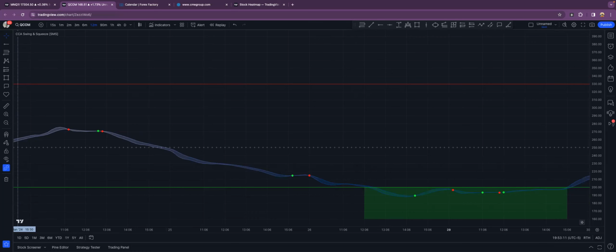Because that means it's oversold. And it will happen automatically. I don't have to change any settings. It will do it automatically. It's an automatic feature.